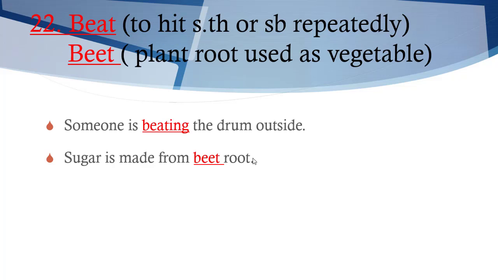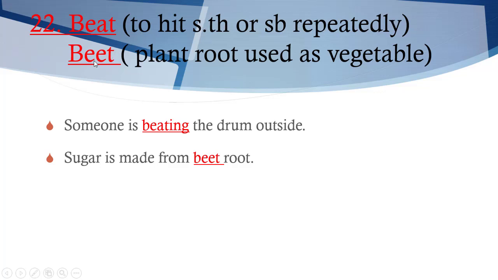At number 22, we have beat and beet. The first, beat, can be spelled as B-E-A-T, whereas the second, beet, is written as B-E-E-T. The first, beat, means to hit something or somebody repeatedly with great force, to hit very hard.